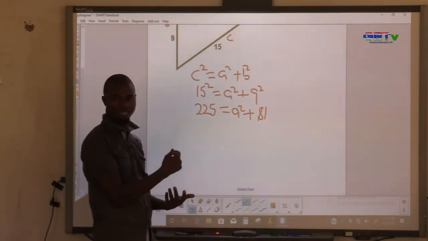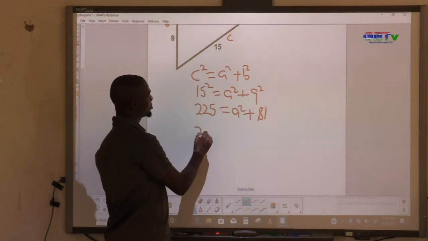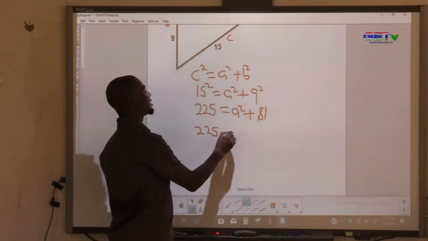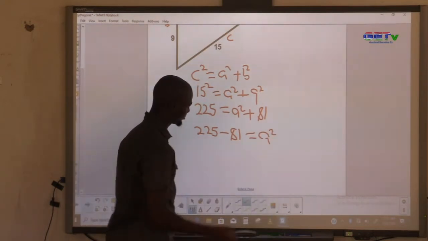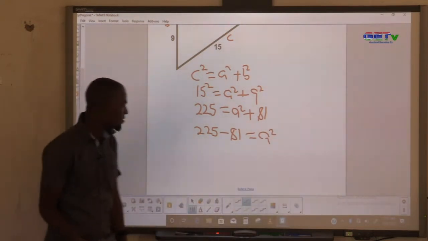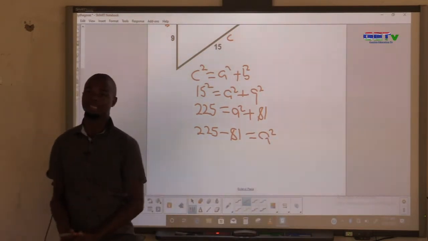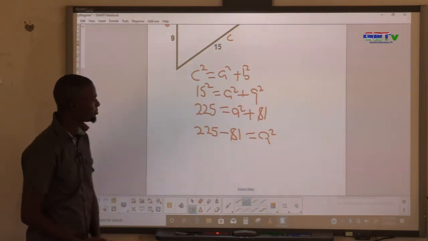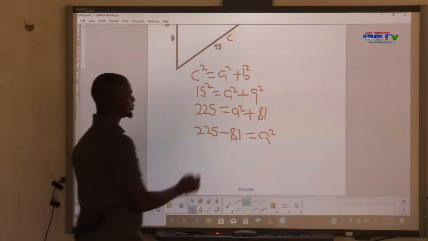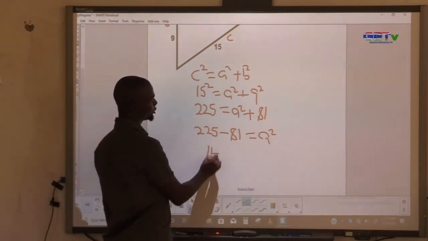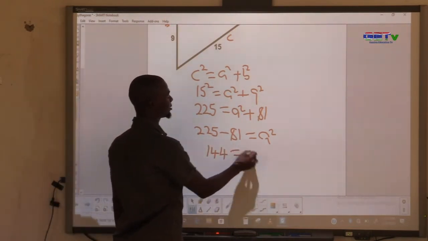You transpose the 81, that is 225 minus 81 is equals to A square. 225 minus 81 is 144. So you will have 144 is equals to A square.